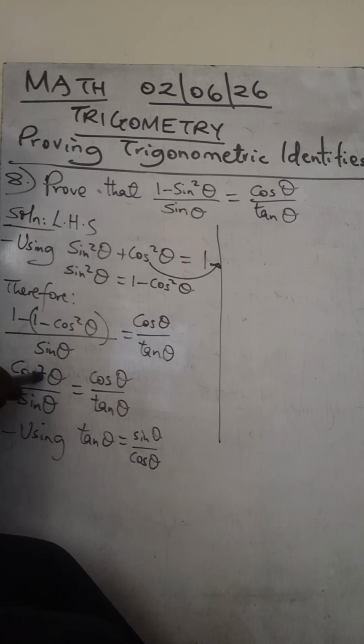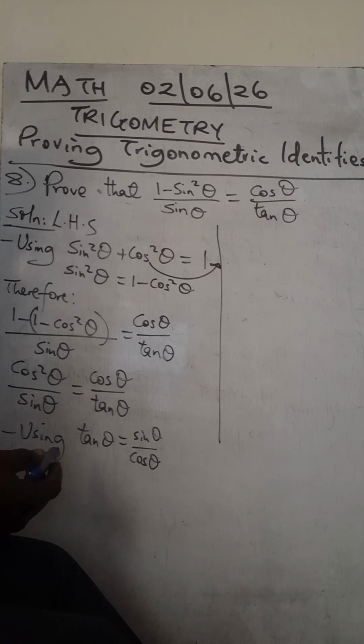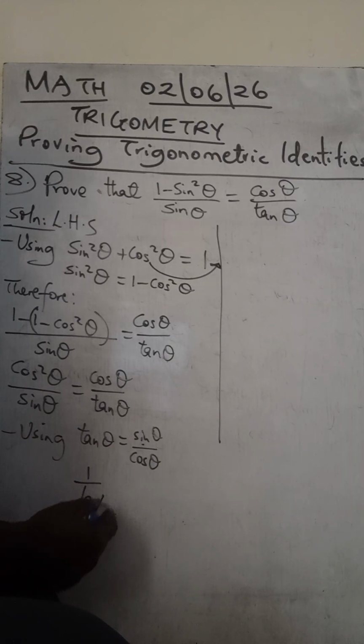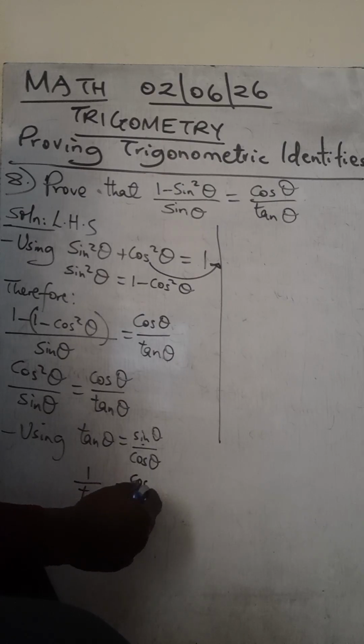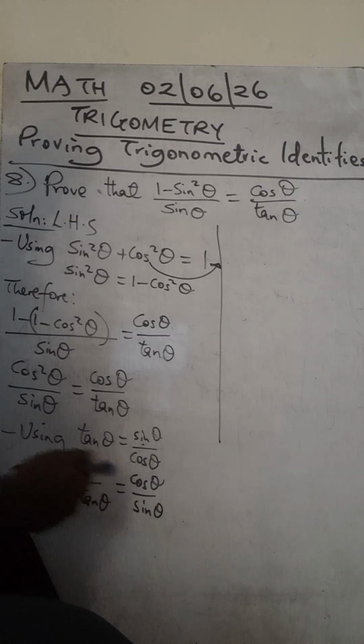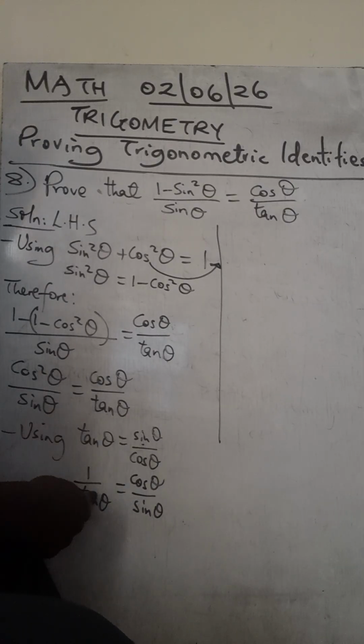Since there is a square here, if this one equals this, then it means 1 over tangent of theta equals the reciprocal of this, cosine of theta divided by sine of theta. Reciprocal both sides, this side and this side.